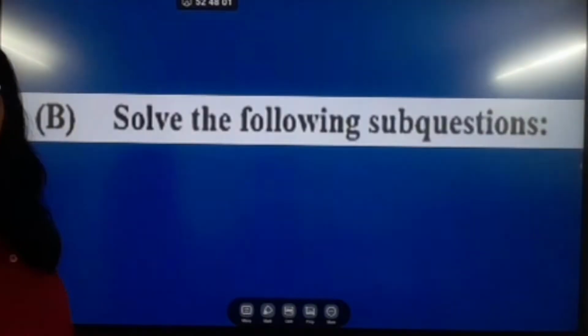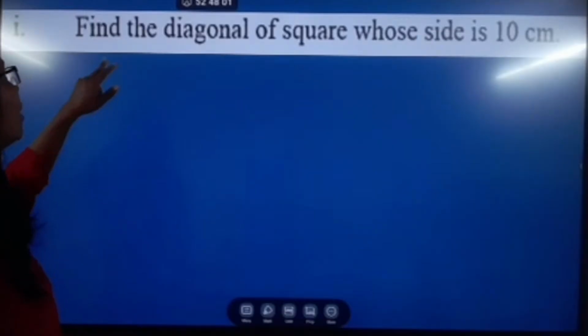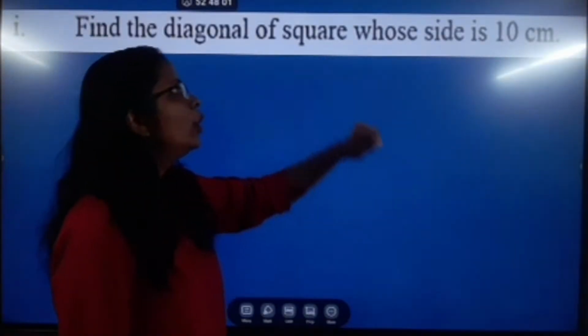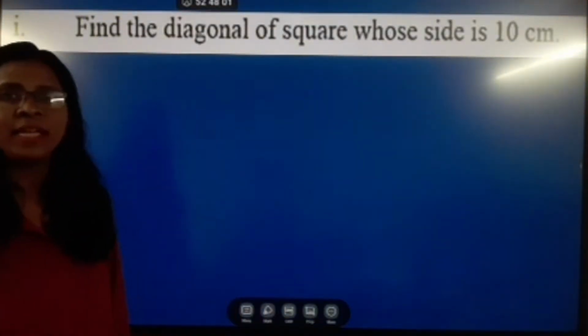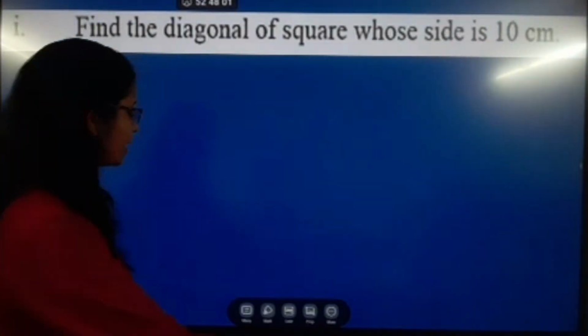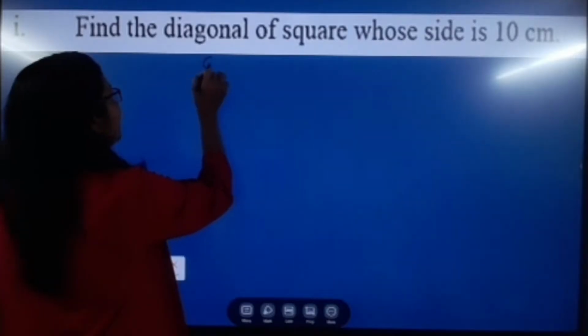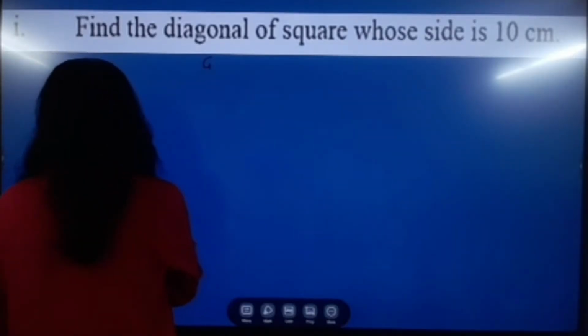Solve the following sub questions, and it is for 1 mark each. So the first question is, find the diagonal of a square whose side is 10 centimeter. So first we write down the given, students.